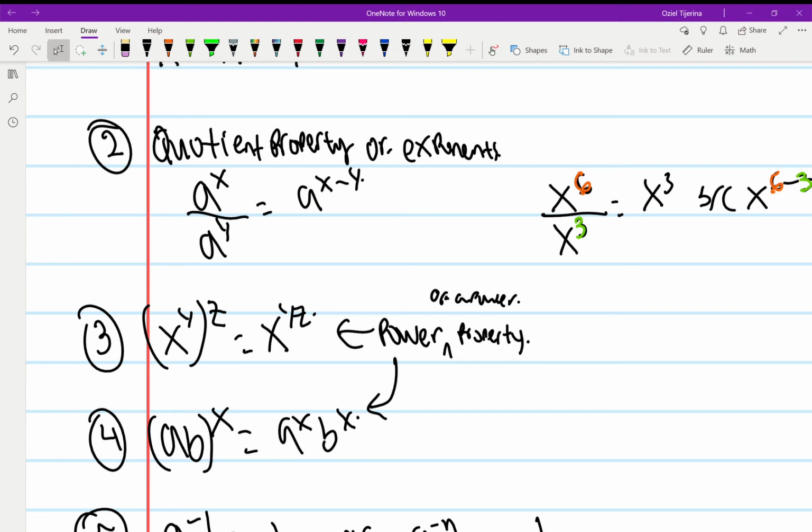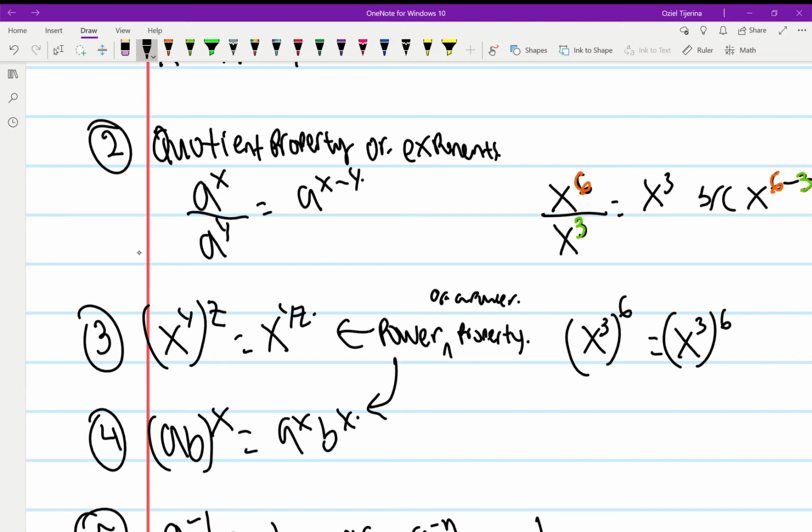So if we have, for example, x cubed to the 6th power, what you're going to do is rewrite it as x cubed, and then put the 6 outside.